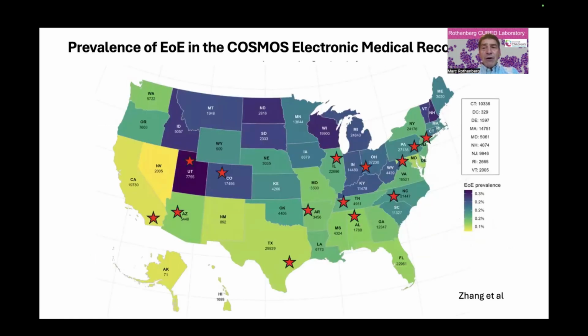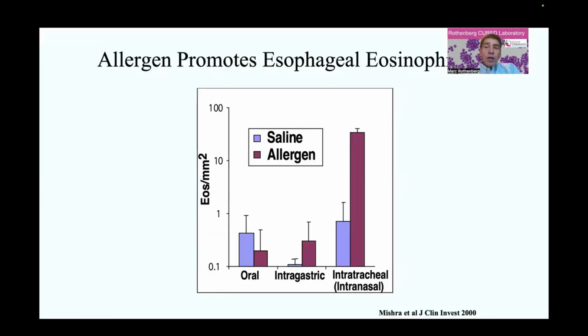In the US, we now understand the distribution of this, and it's very interesting to see that the prevalence is higher in the northern states, and this is consistent with an environmental etiology, and I won't go into that today, but there is a strong environmental component that works together with the genetic elements, which I'll come back to.